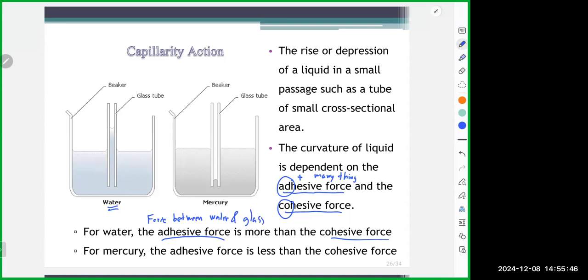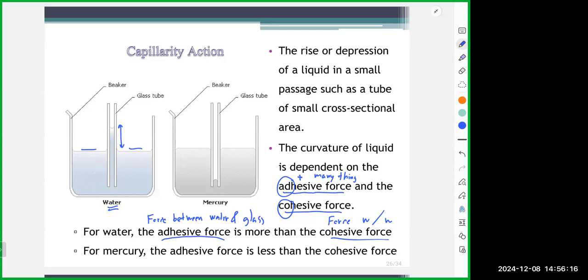More than the cohesive force between water and water. That is why when they contact the glass, the water has a higher height than the normal level.